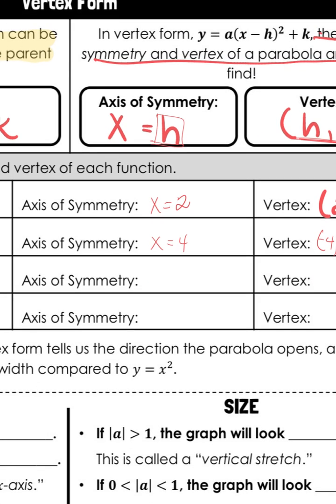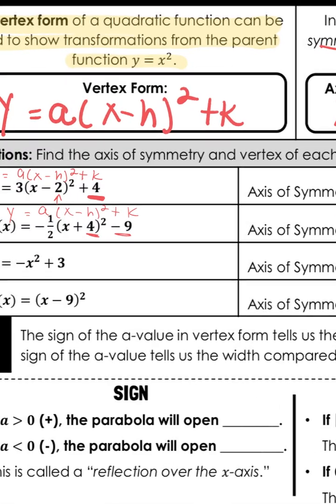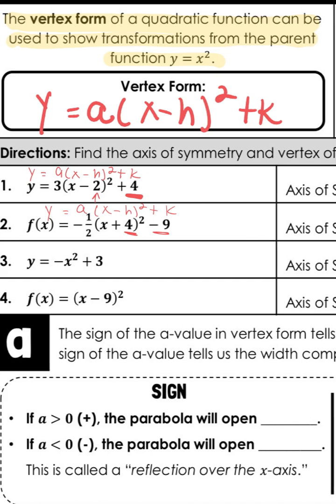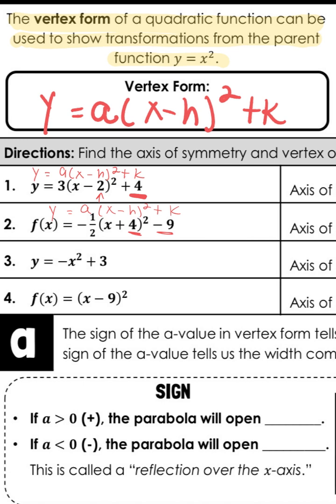I'm sorry, our axis of symmetry is -4. You cannot forget the negative sign in front of a number. And it's negative because in the formula, this is a subtraction sign. So that means what comes after is going to be the opposite of what you see.